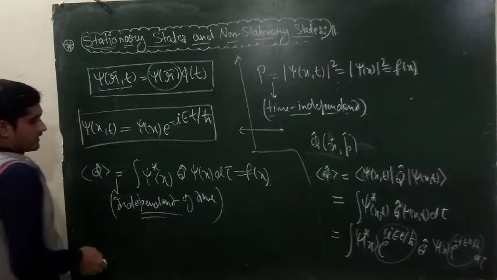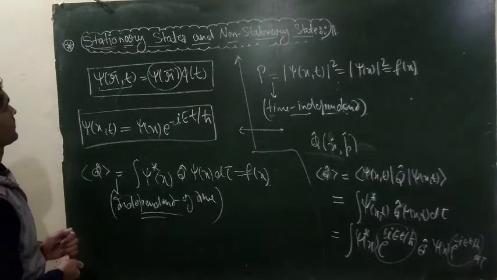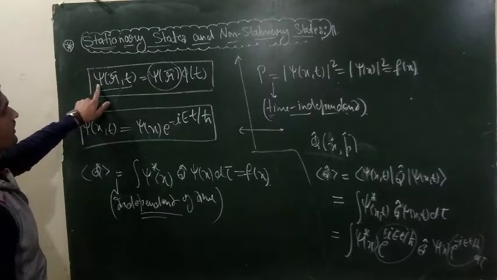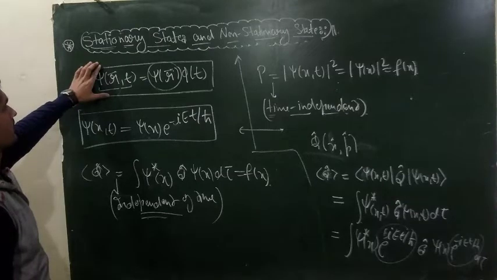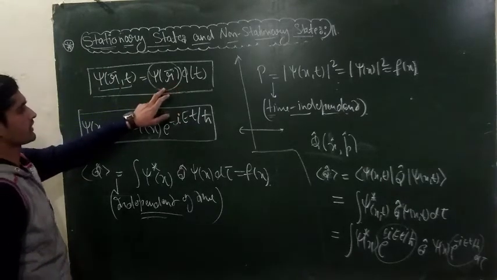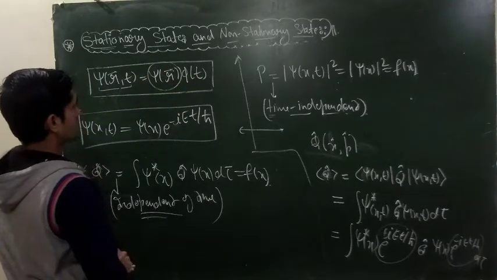So the interesting part in this particular lecture is that when you are dealing with the stationary states, the stationary state can always be written in this particular form, as the product of two functions. One is a function of space and the second is a function of time.